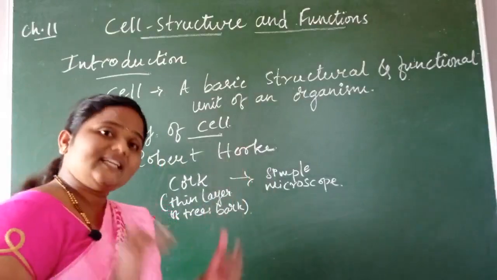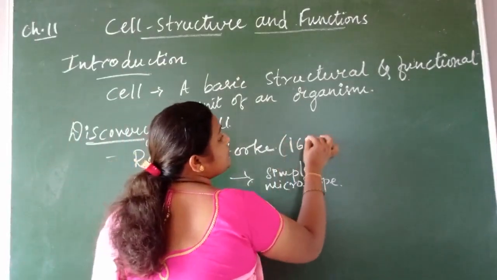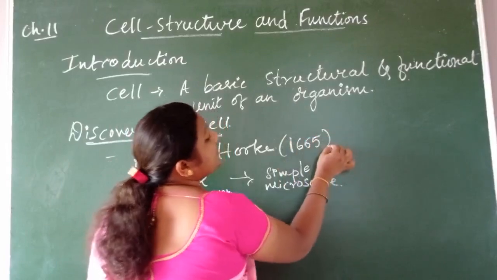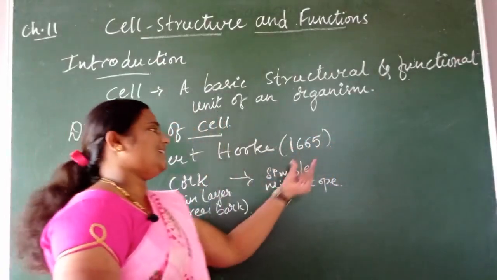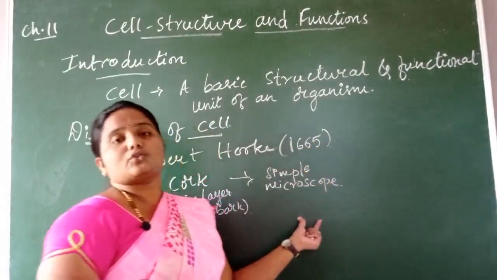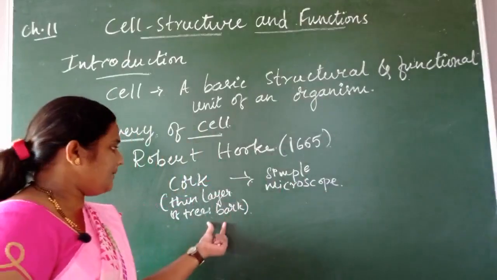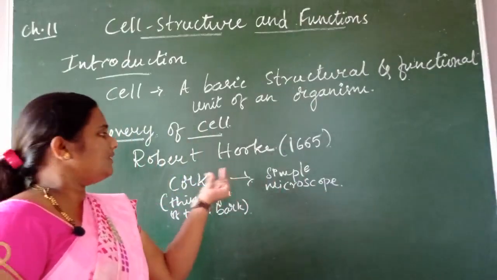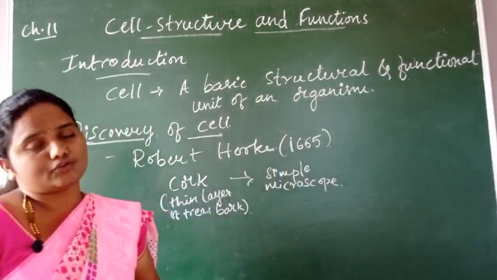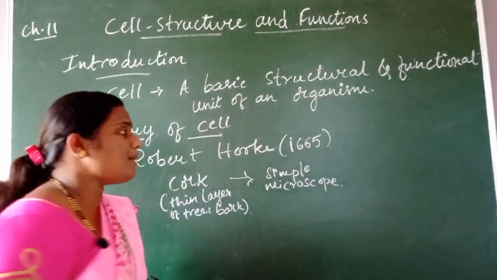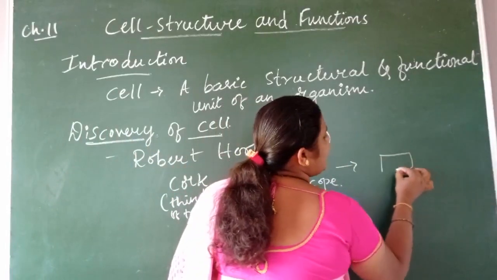So in those days, this took place nearly in the year 1665, isn't it, children? At that time, simple microscopes were present. So he saw this slice of cork under the simple microscope, and he observed a brick-like structure.